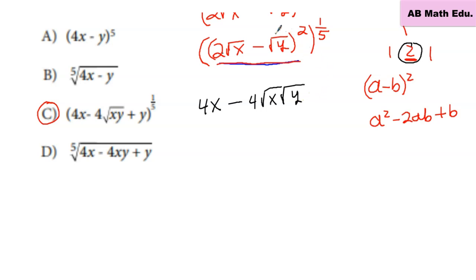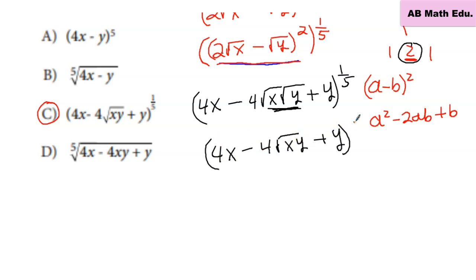And then lastly we will just square this, which is going to be positive because you're squaring the whole of this, so positive y. And we have our 1/5 here, and this one we can bring all of them under the same radical. Okay, so that's another way that we could also go about this question.